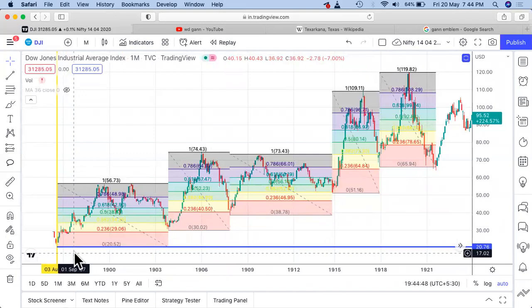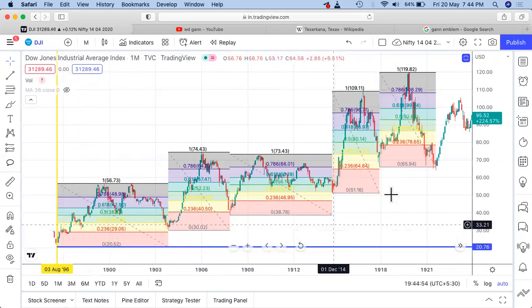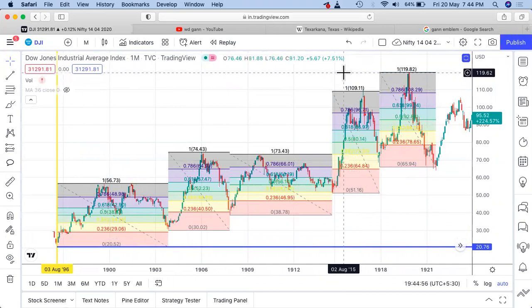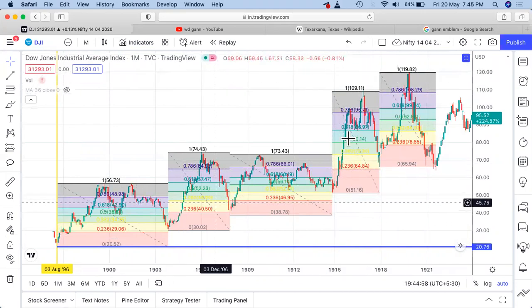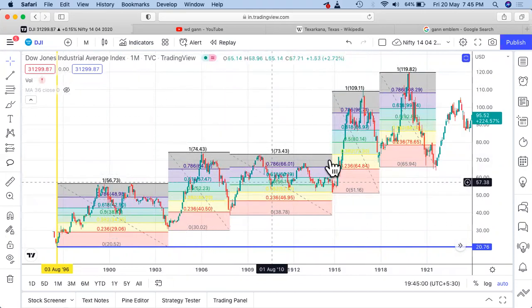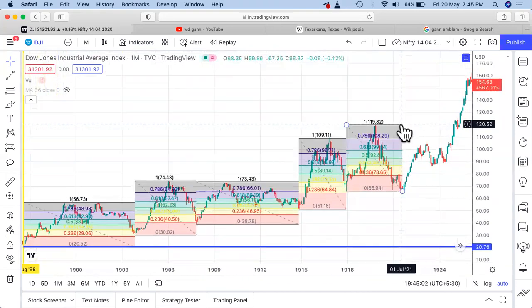So that's how old Dow Jones is. And probably after that, till this part, the market was only till 119, just moving in terms of Fibonacci.